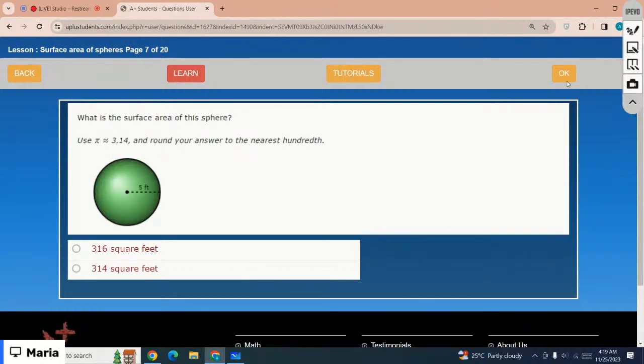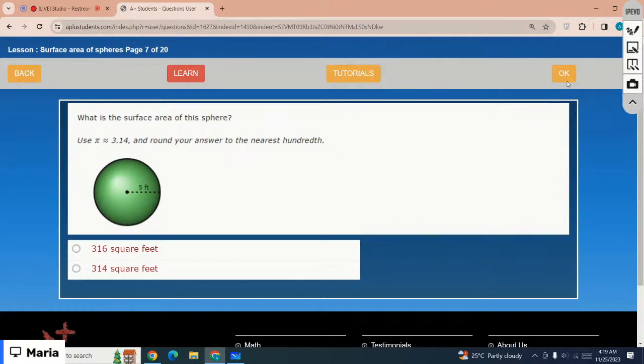Okay, what is the surface area of the sphere, which is the correct option? Yes, just use the formula that is 4 pi r square, do the calculation.